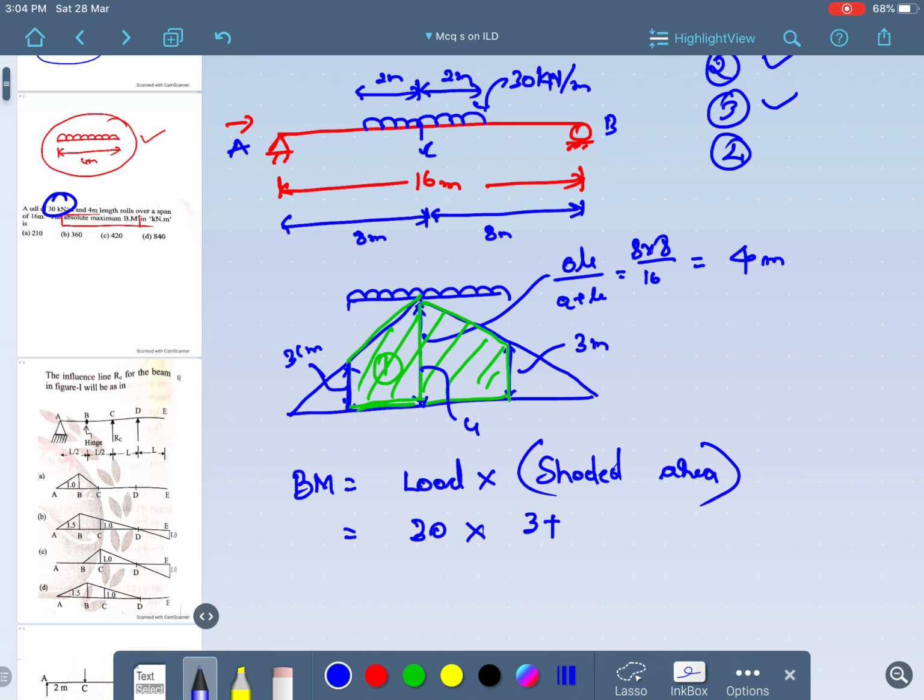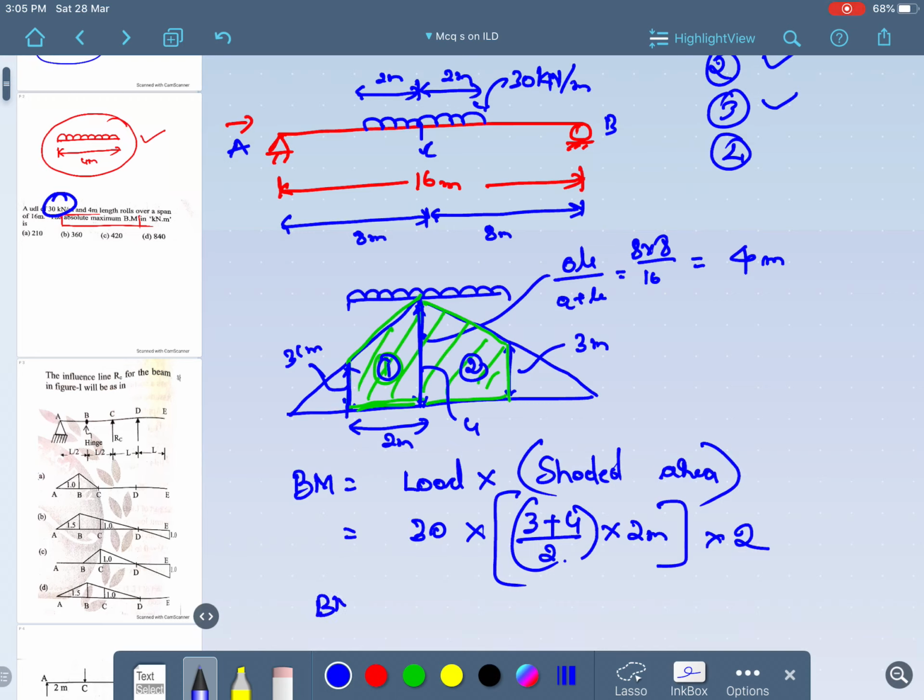So 3 plus 4 divided by 2 into what is this distance? This distance is 2 meters. So 3 plus 4 divided by 2 into 2. But there are two sets, one trapezoid and two trapezoid, so I am making it into 2. If you calculate this, the bending moment will be equal to 420 kilonewton meter.